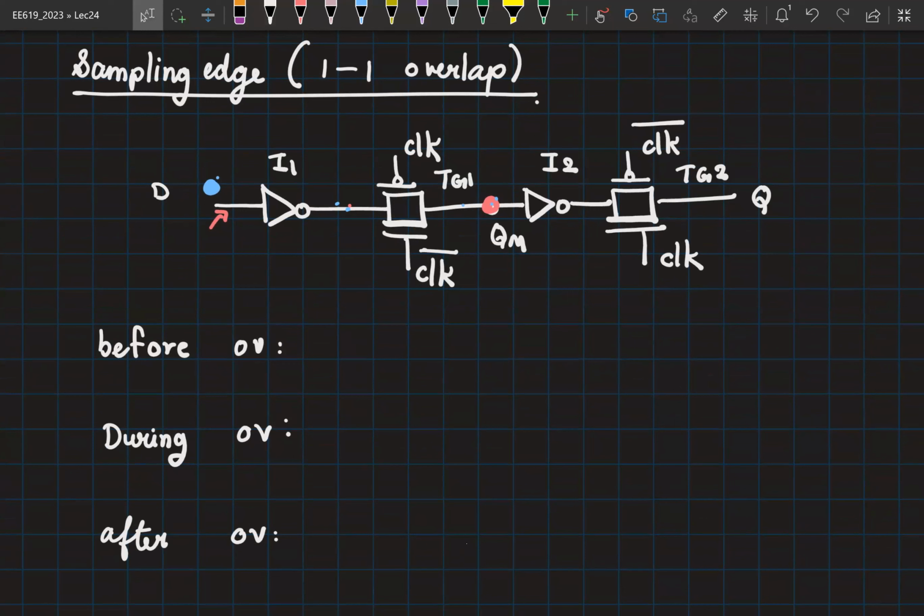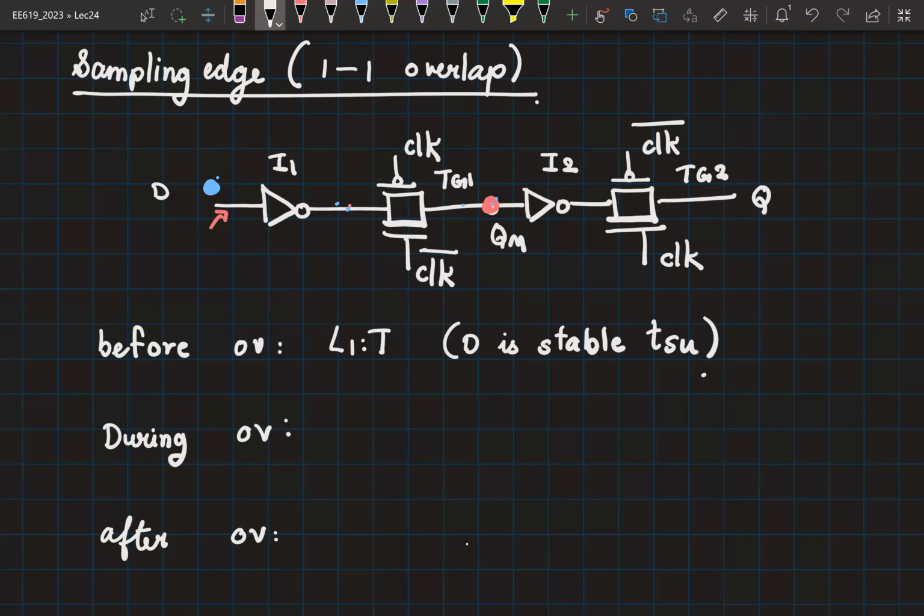So before the overlap, please look at the waveform and tell me what is the region of operation of L1? L1 is transparent, which means any change in data can reach till QM, but that is the expected behavior, right? And we make sure that data is stable for the setup time. Okay. Now, during the overlap, what can happen?